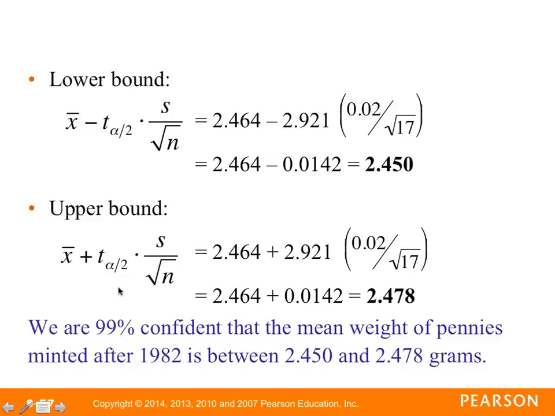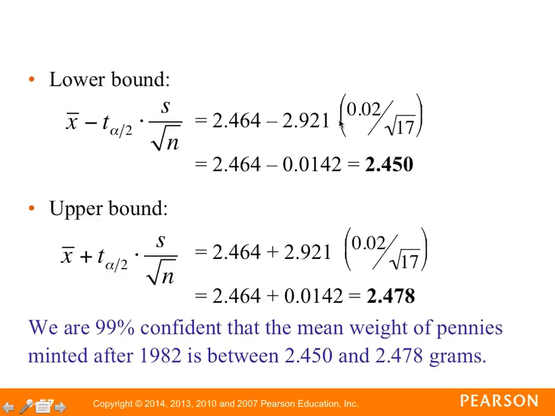And if we divide that by 2, you get 0.005. So on your t-table, you're going to go down to 16 degrees of freedom, because we have a sample size of 17, and the degrees of freedom is always one less. Then you go over until you have 0.005, and you should see a critical value there of 2.921.